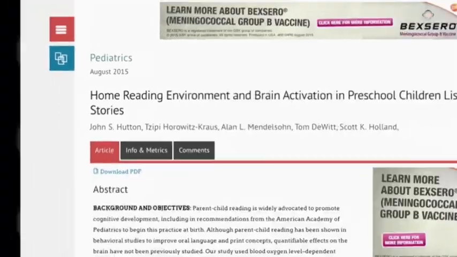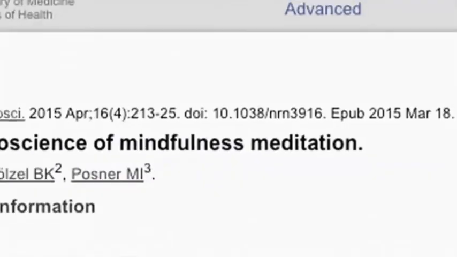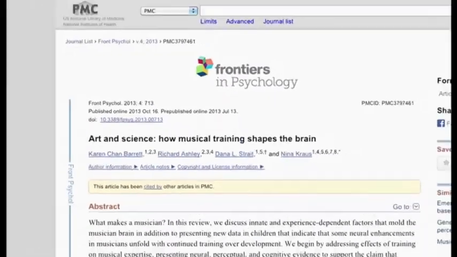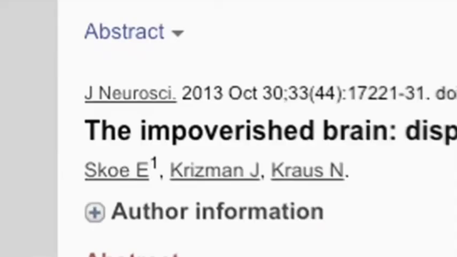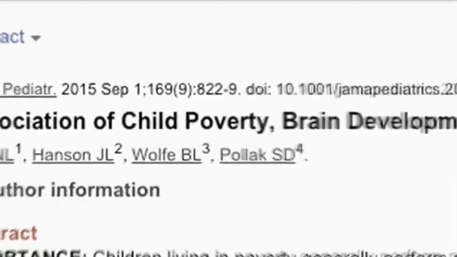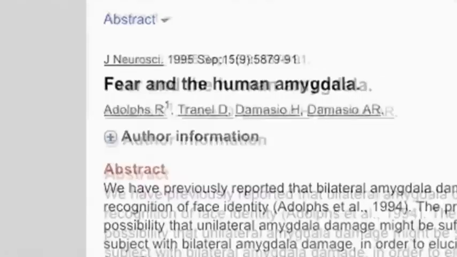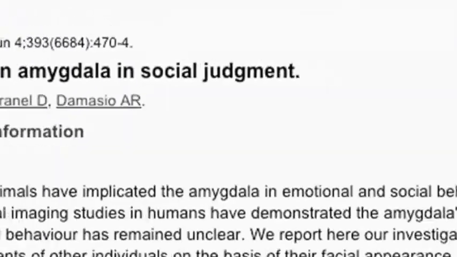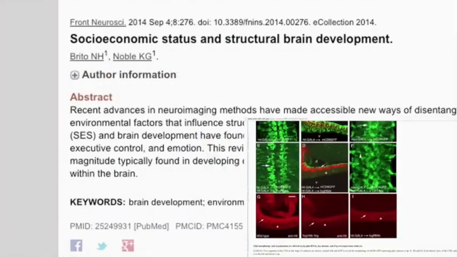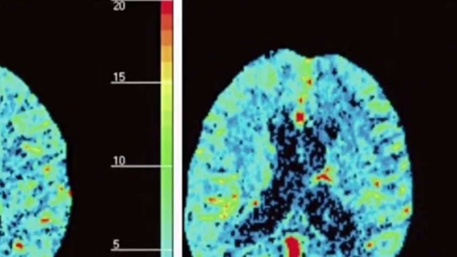Reading aloud to children, running, meditation, bilingualism, playing a musical instrument, staying socially connected, and negative factors that impair the brain: childhood poverty, fear, trauma, isolation, sleep deprivation, low socioeconomic status, protein deficiency. And of course, if you want the ideal enriched environment, what better place than the classroom?